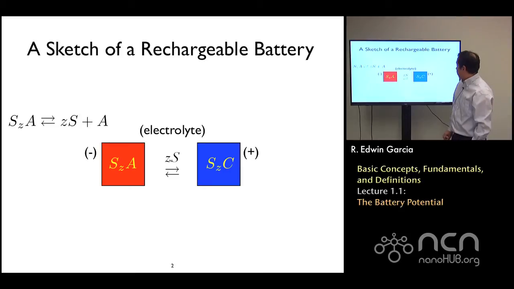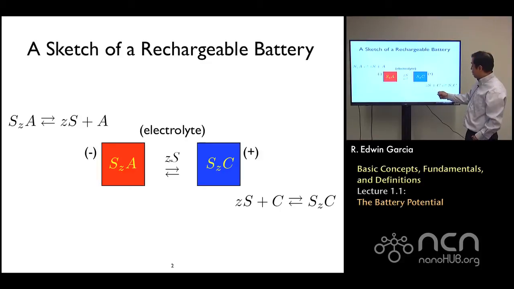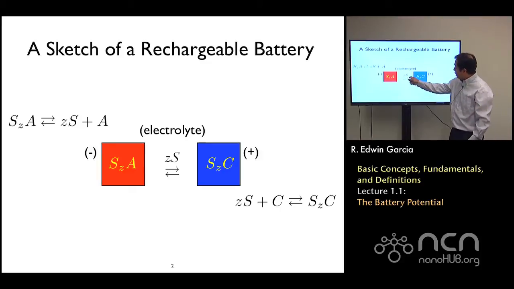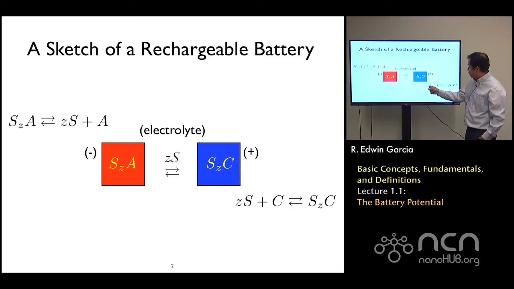Those Z atoms will allow us to effectively use the material. And here we have the complementary reaction, where the atoms of the S species will react with the host lattice C to form a compound S of Z of that material.